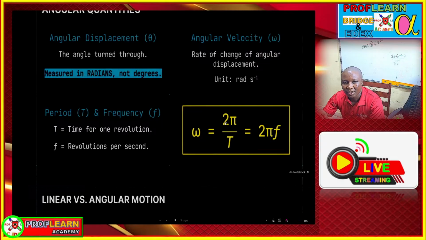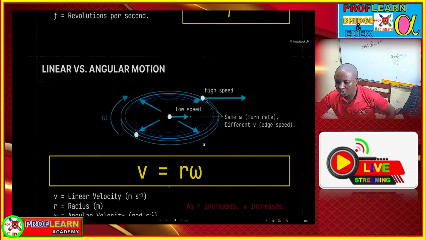Since it takes a time T to make one complete revolution, 2 pi over T is going to give us the angular velocity. Since we have mentioned that 1/T is frequency, we can write the angular velocity as 2 pi f. So that is a very important aspect that you need to understand.